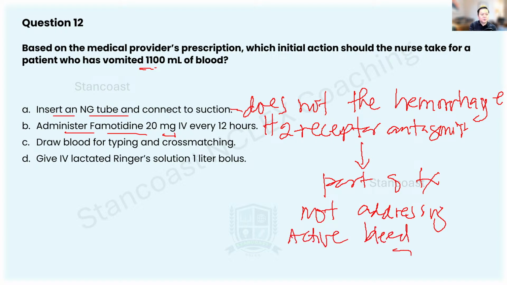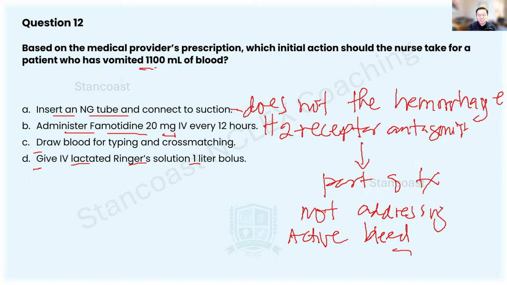Okay, what about letter C? Draw blood for typing and cross-matching. Yes, we can do that as well, but is it as emergent an intervention compared to letter D? No, it isn't. We can do this after we have done letter D, which is give IV lactated ringer solution 1 liter bolus.